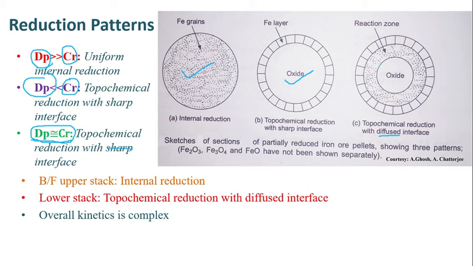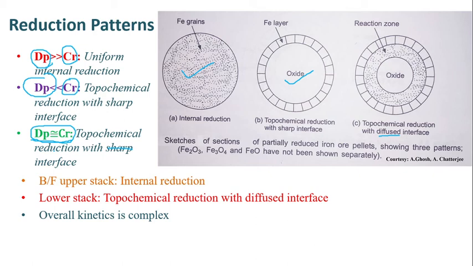When you talk about a blast furnace, the temperature is lower at the upper stack region. That means at that point Fe2O3 to Fe3O4, hematite to magnetite, magnetite to wustite, these reactions are taking place step by step.